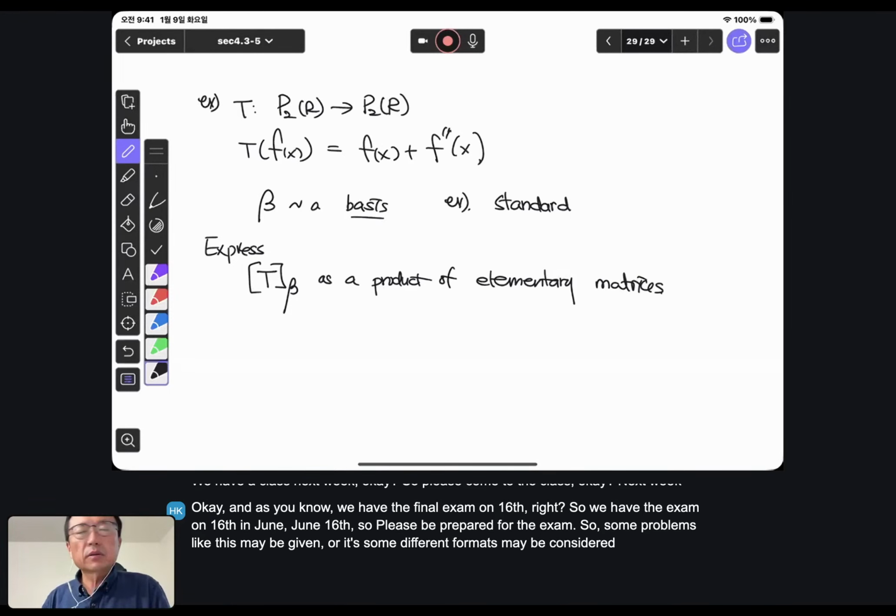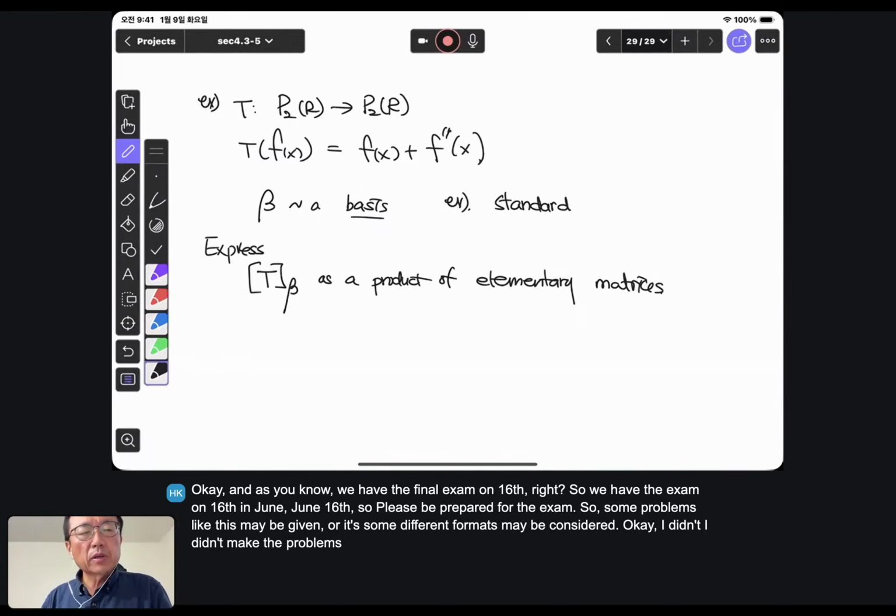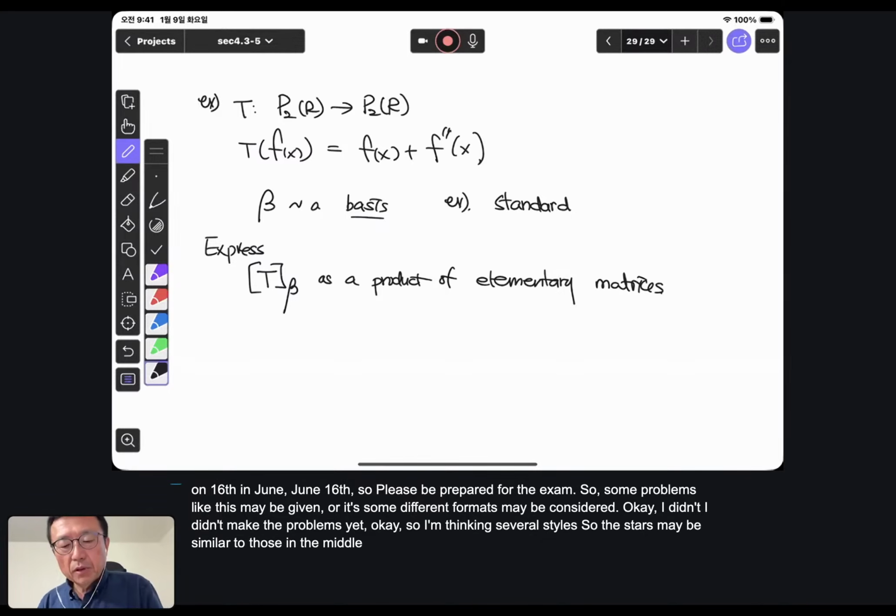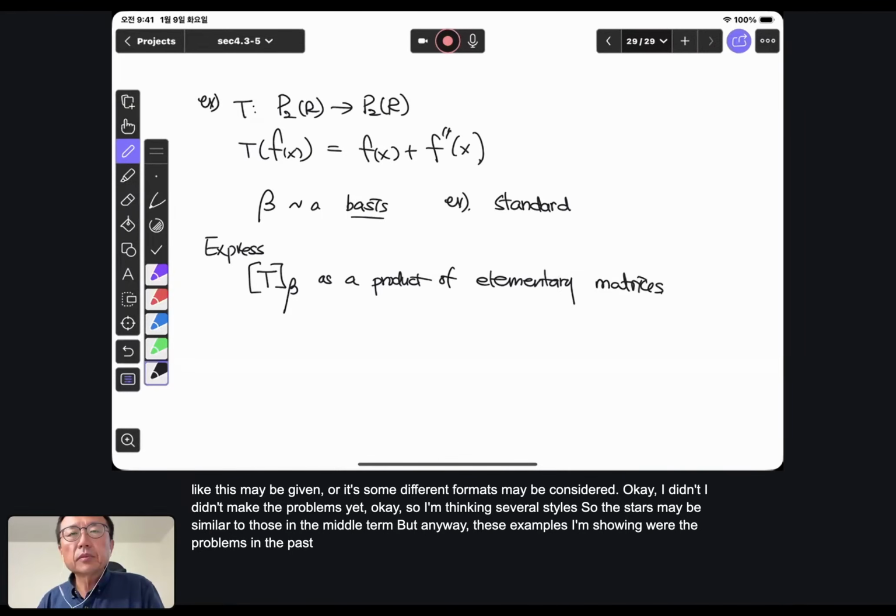I didn't make the problems yet. I'm thinking of several styles. The styles may be similar to those in the midterm, but the examples I'm showing were problems in the past. So some new types of problems may be given.